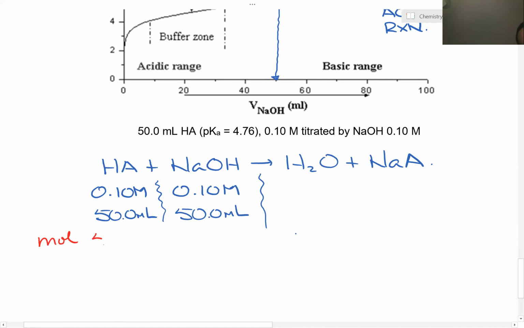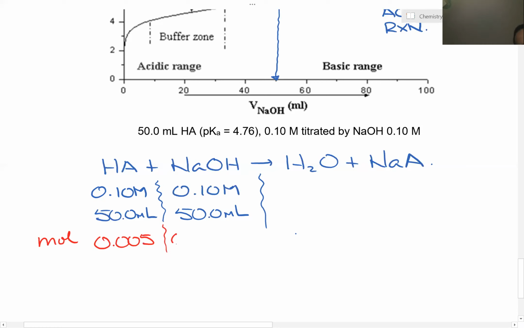I have 0.1 times 50 divided by 1,000, so this would be 0.005 moles.